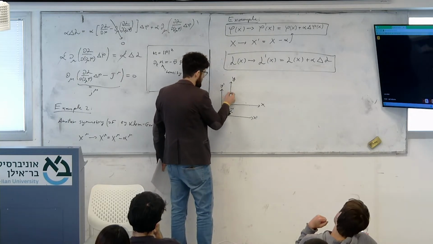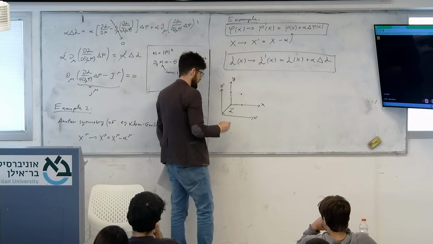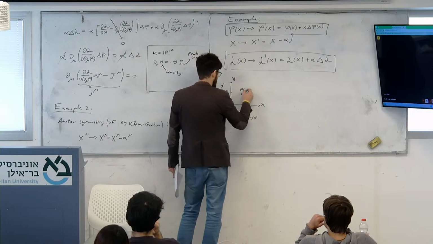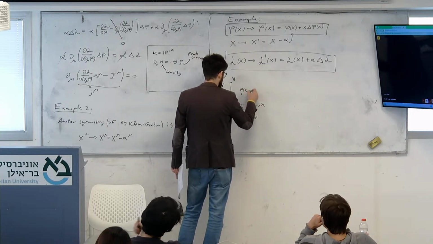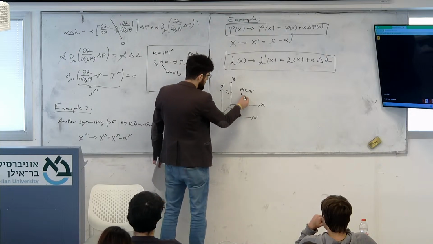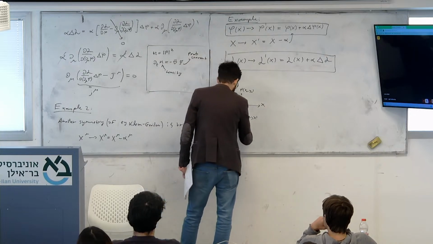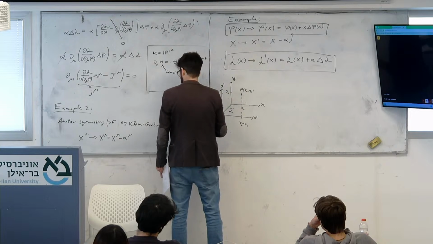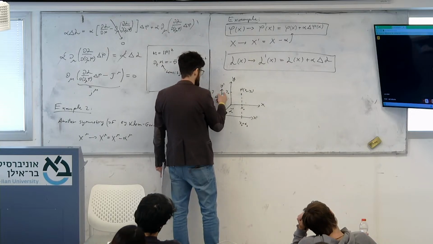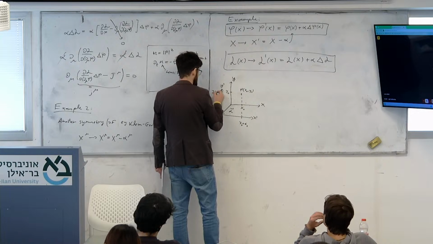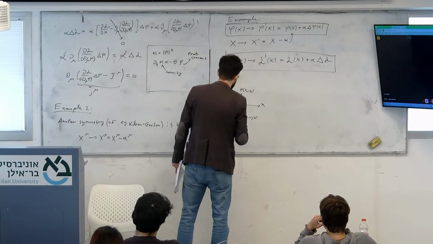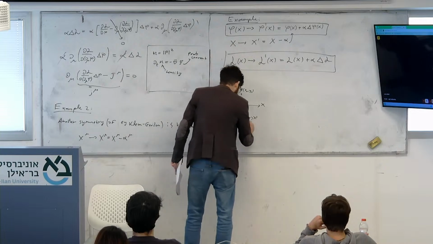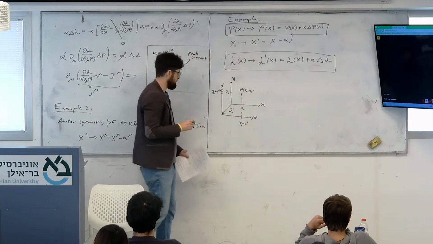So if I had, at a certain location, say this is x0 and this is y0, and here I have phi of x0 and y0, you see that in the new coordinates, this would be x0 plus alpha 1, and this is y0 plus alpha 2.